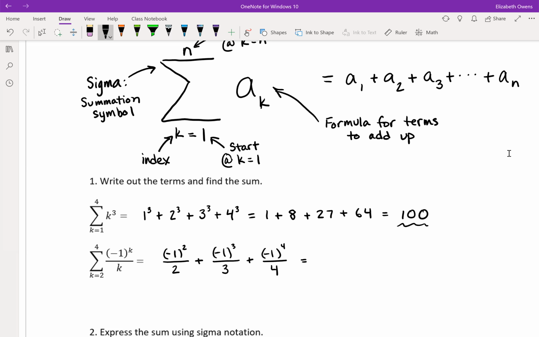So now we'll find the actual values and add them up. That would be 1/2, and then our next term would actually be negative. Since it's -1 to the 3rd, we'd have -1/3, and then plus again 1/4.